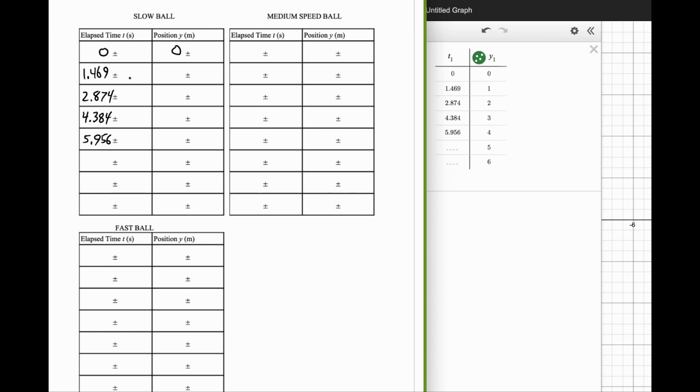So what I might do is say, okay, I could be off by as much as maybe 0.05 or even more, you know, a tenth of a second off on my clicking. That's probably reasonable, you know. So you might do that. But if you use that, then you'd want to just round your times to the same place value as your uncertainty.